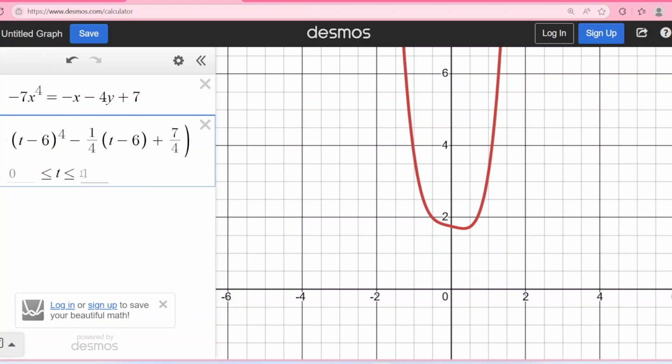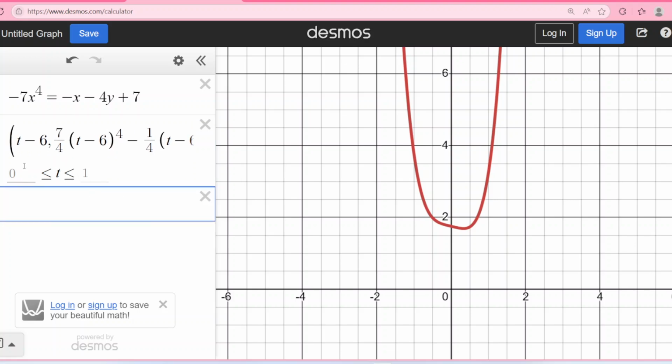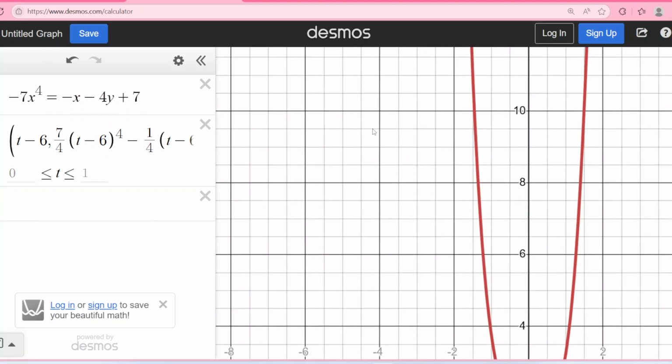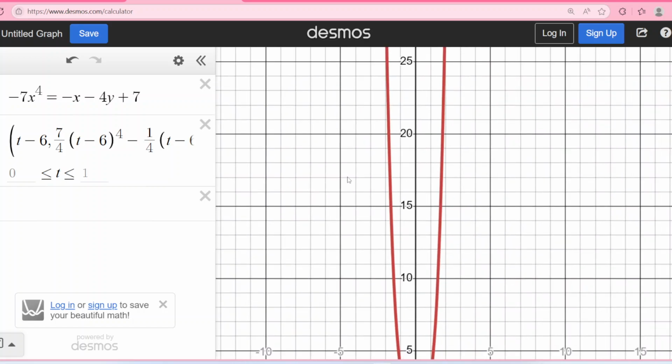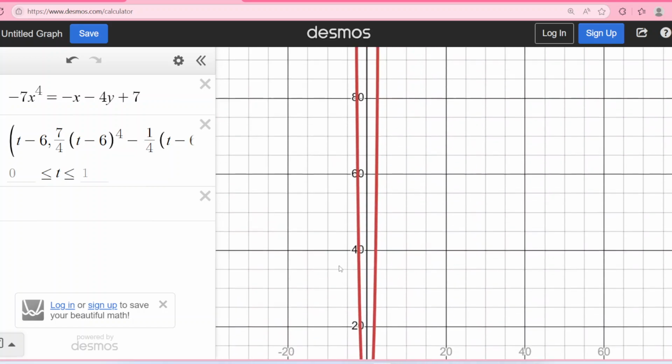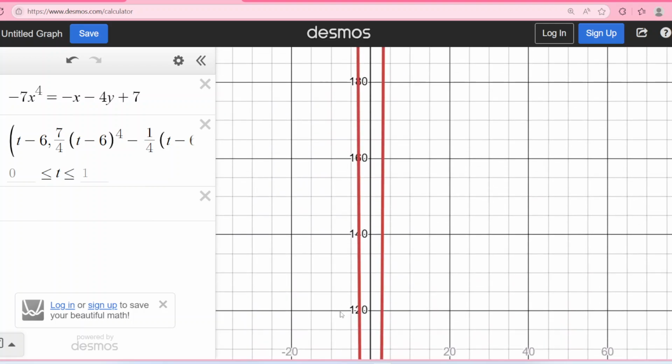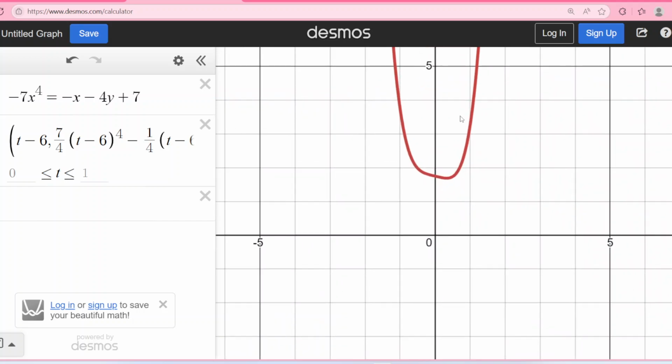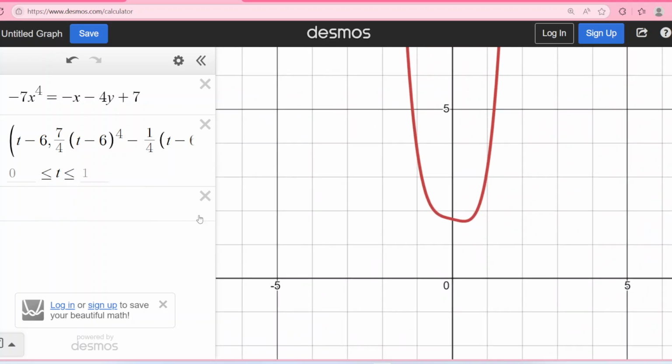At the moment, it has the value of t ranging between 0 and 1. When t equals 0, the x coordinate is -6, so we have to go way over here to see that point show up. I don't want to go through all that, and we're not seeing it in the main screen here, but it's there.